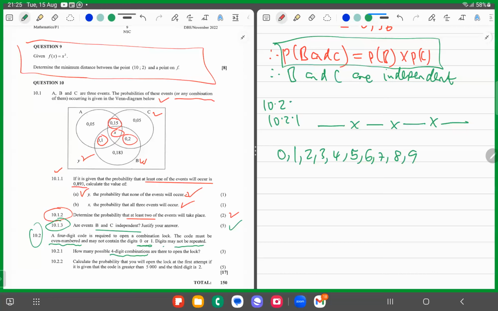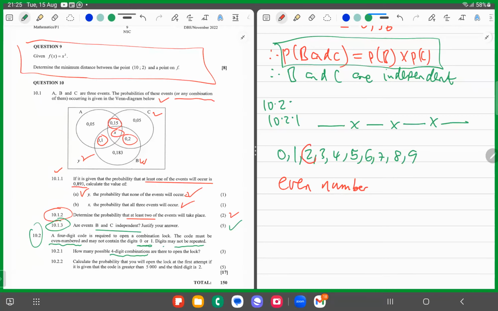So if it is to be even numbered, what is an even number? An even number is a number that ends with a multiple of 2.